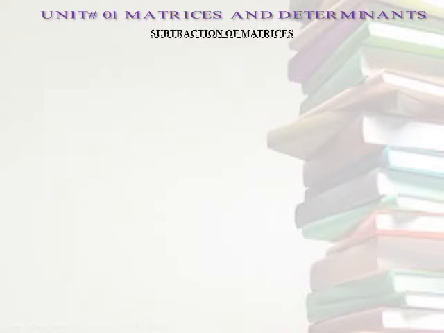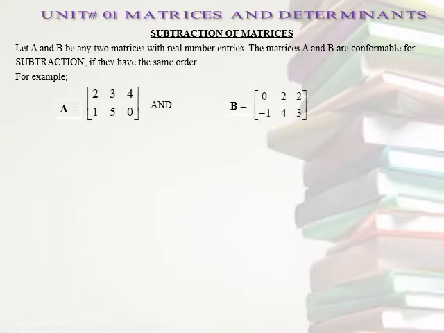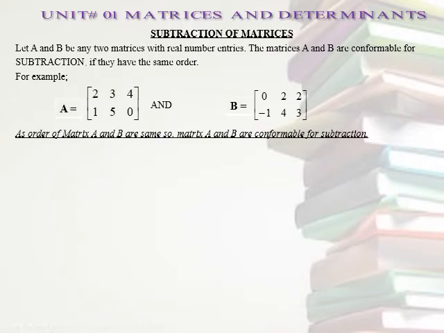Next topic is subtraction of matrices. Let A and B be any two matrices with real number entries. The matrices A and B are conformable for subtraction if they have the same order. For example, this is matrix A and this is matrix B. The order of matrix A is 2 by 3 and the order of matrix B is also 2 by 3.